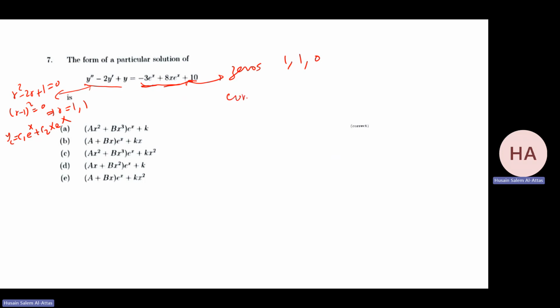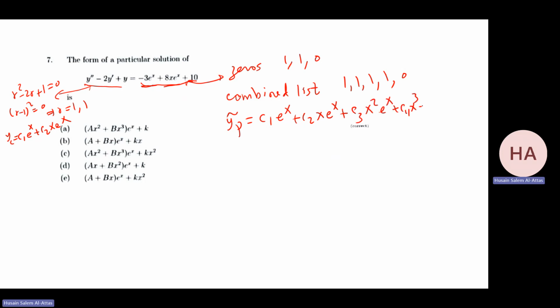So now I have a combined list where I have 1, 1, 1, 1, 0. So it will be yb hat, it will be c1 e to x plus c2 x e to x plus c3 x squared e to x plus c4 x cubed e to x plus c5.